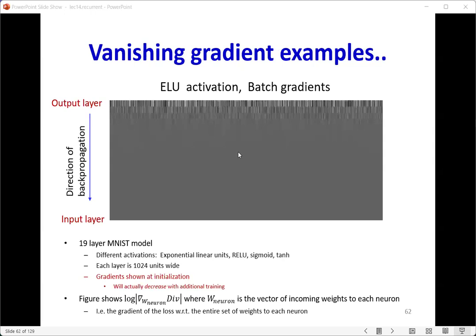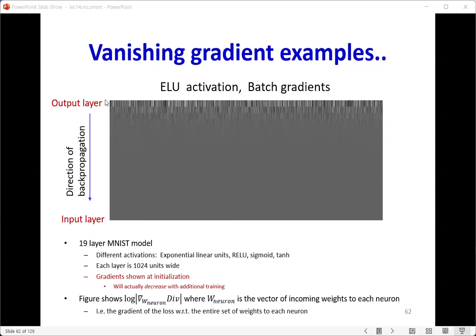Just for visualization, here's an example. This was an MNIST network. It's 19 layers, and each layer is 1024 units wide. So actually this text is wrong. I'm showing you the derivative with respect to the output of each of the 1024 neurons, starting from the output and going back to the input layer.